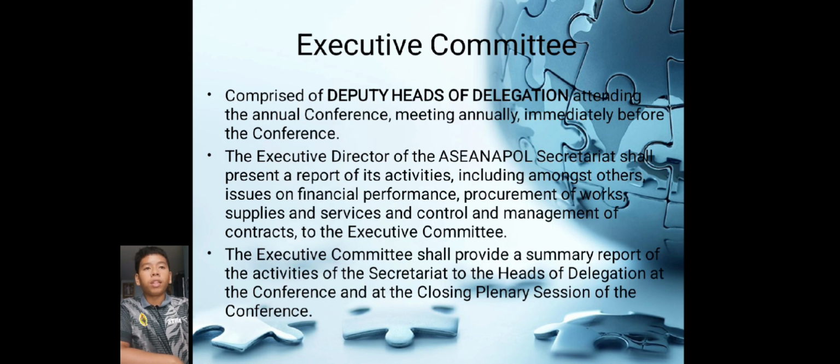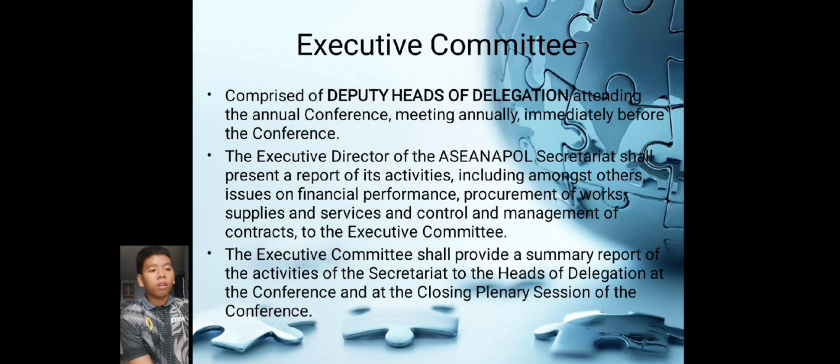And the executive committee, comprised of deputy heads of delegation attending the annual conference, meets annually immediately before the conference, where the executive director of the ASEANAPOL Secretariat shall present a report of its activities, including among others issues of financial performance, procurement of work supplies and services, and control and management of contracts to the executive committee.